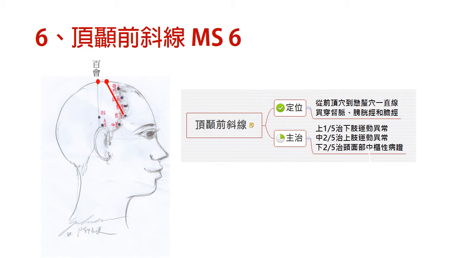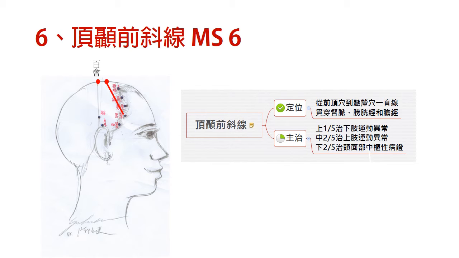It's the anterior oblique line of the vertex temporal, we call MS6. Location on the head from the anterior, 前顶, GV21, to gallbladder 6. It's very important.